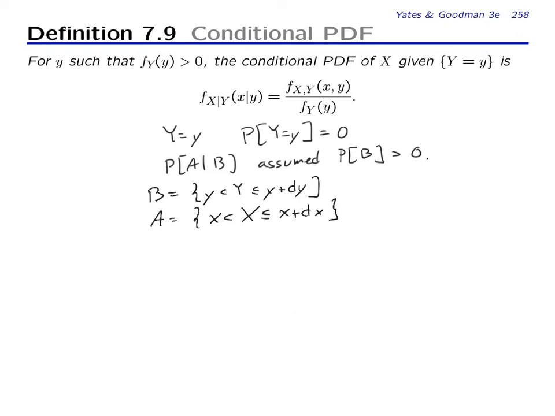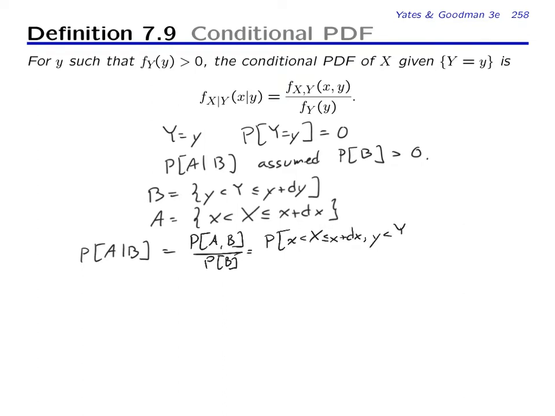And now we can write the conditional probability of A given B as the joint probability P of A and B over P of B, and this is equal to the probability that x is in the interval around little x, and y is in the interval around little y, divided by the probability y is near little y.